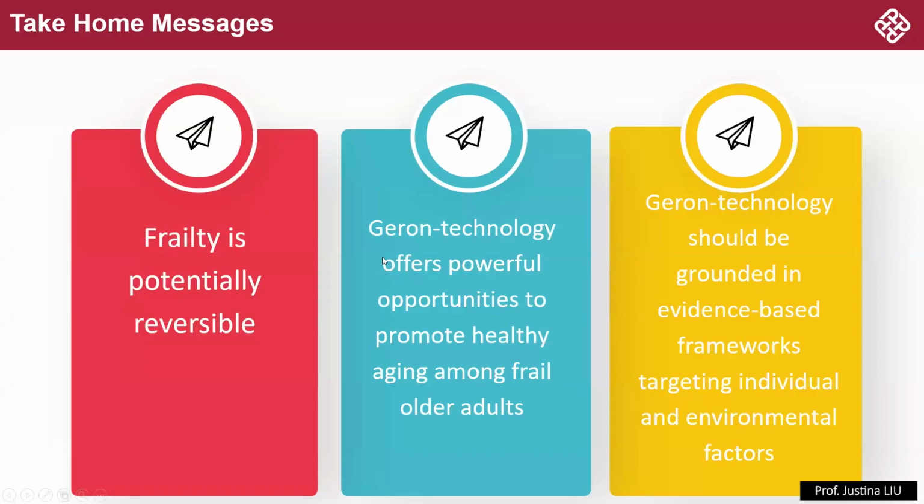We believe that gerontechnologies offer powerful opportunities to promote healthy aging in frail older adults, and the design of gerontechnology should be grounded in evidence-based frameworks and target the modifiable individual and environmental factors.